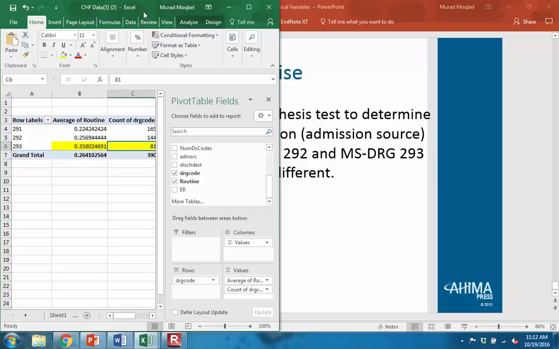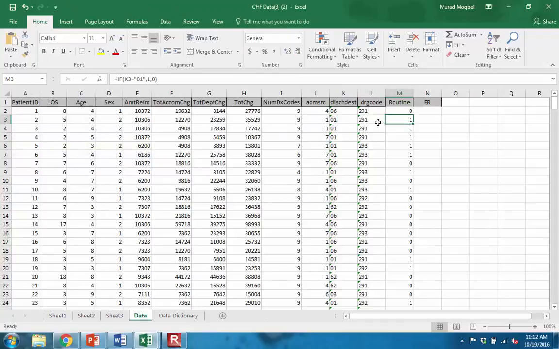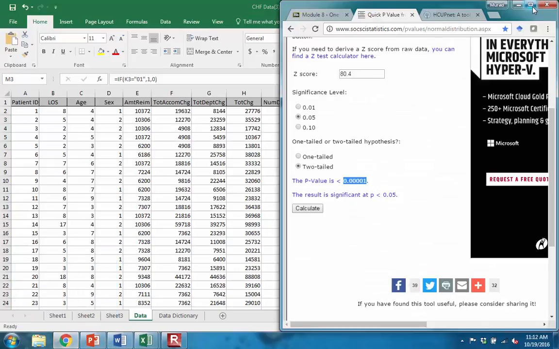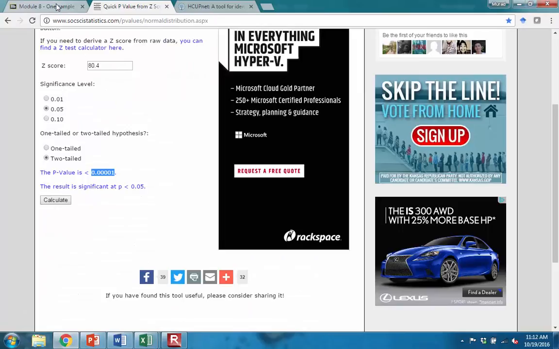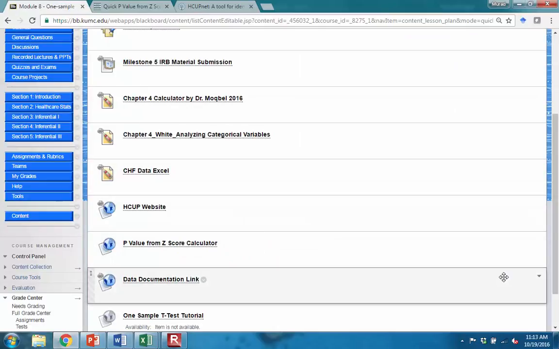The CHF is the Excel sheet, the data set that we will use to calculate the ER source of admission. So this is the data set. Now it is asking us to see ER admission, source of admission.